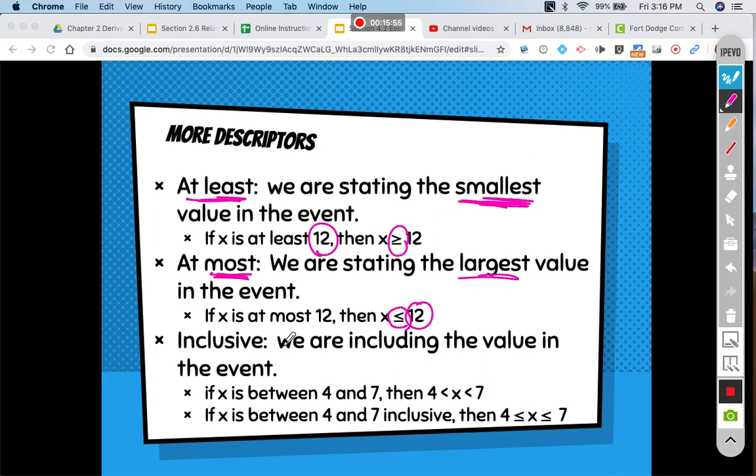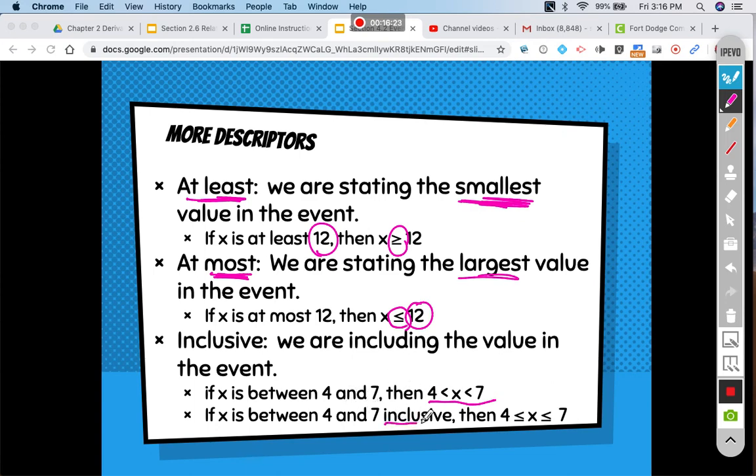Inclusive, we talked about inclusive yesterday when we said the values you get from a probability is between 0 and 1 inclusive. Inclusive means we include the endpoints. So if I say x is between 4 and 7, I get this inequality. So 3 or 5, 6 work, 4.5 works, 4 is not in here because it's not between 4 and 7, because 4 is not included.